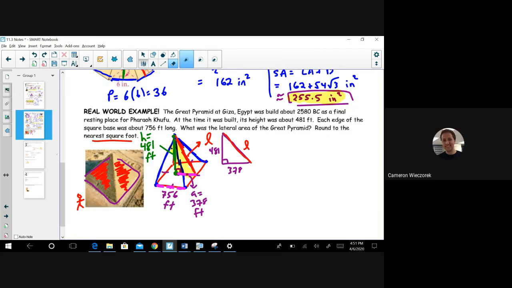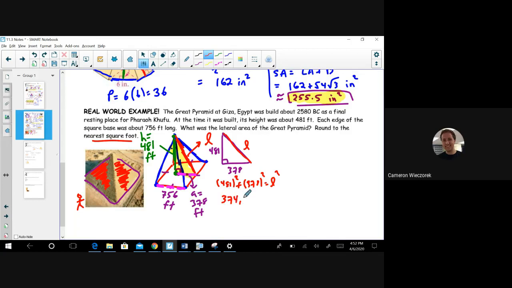Okay. So, Pythagorean theorem, 481 squared plus 378 squared equals L squared. If you do that, type it in, you're going to get 374,245.